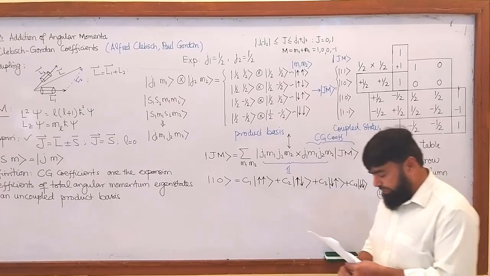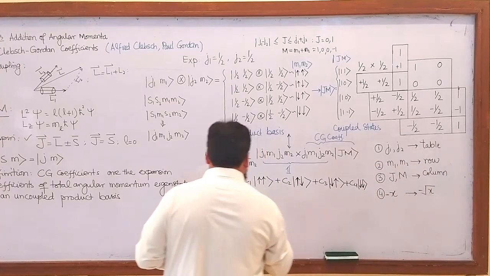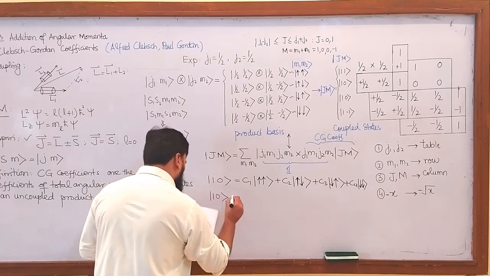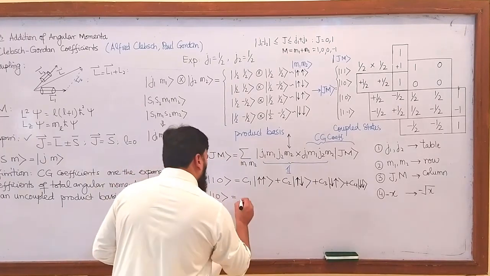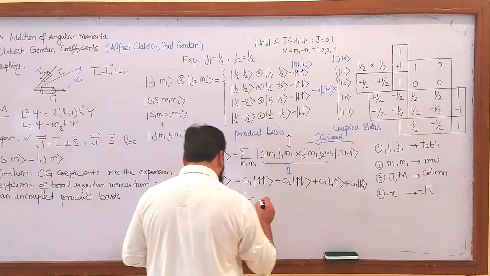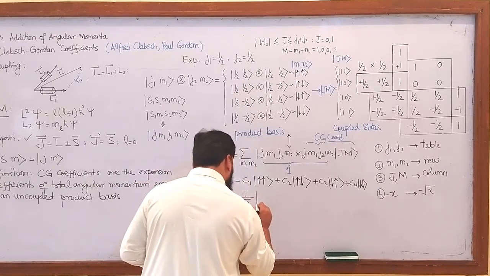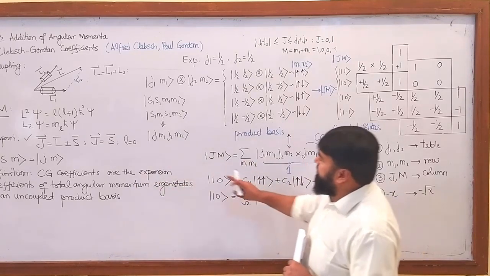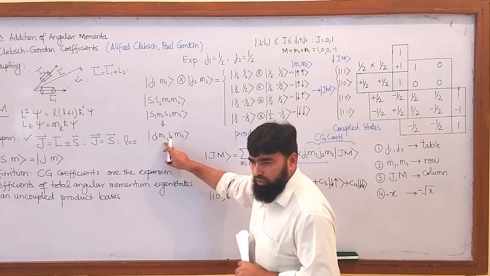So I can write that |1, 0> is equal to 1 over square root 2, and then I write J1, M1.